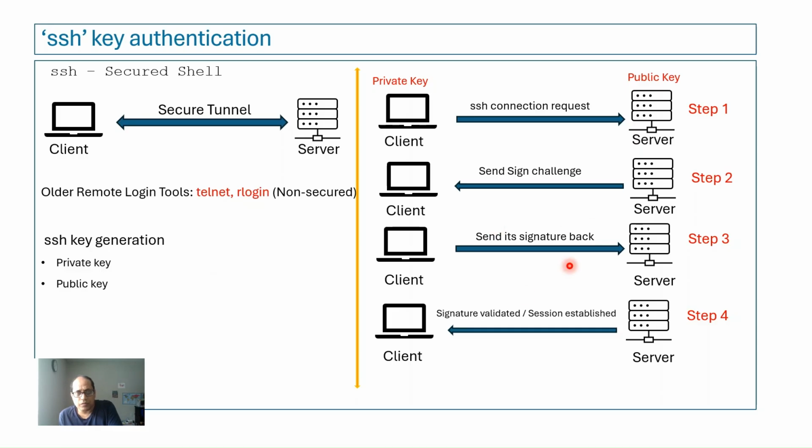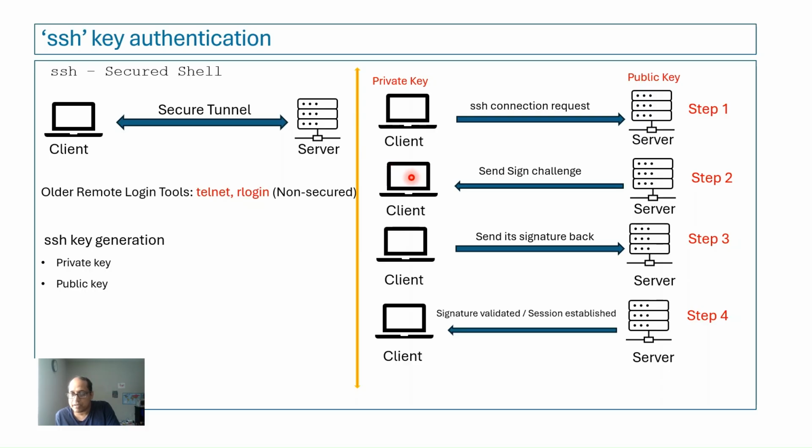Now, how exactly does it work? When a client which has a private key sends an SSH communication request to the server, the server will have the public key for the client, because during the setup you need to copy the public key. So the server looks in its list of public keys to see whether it has the public key for this client. If it finds the public key, then it generates a random text and sends that text as a sign-in challenge to the client. The client uses the private key to generate a signature.